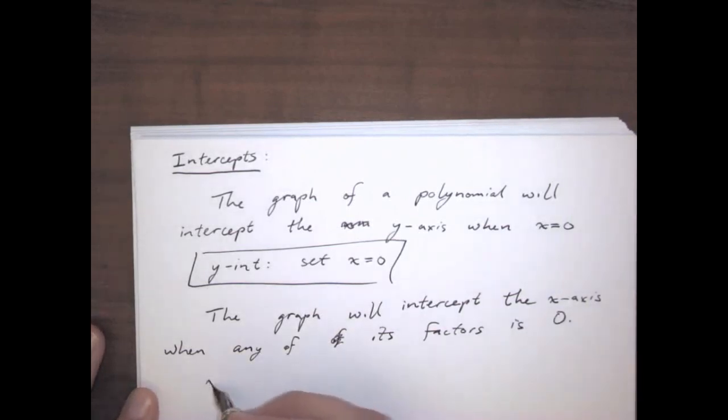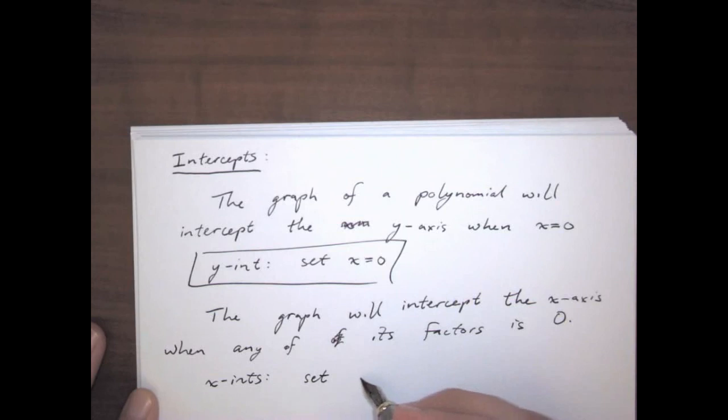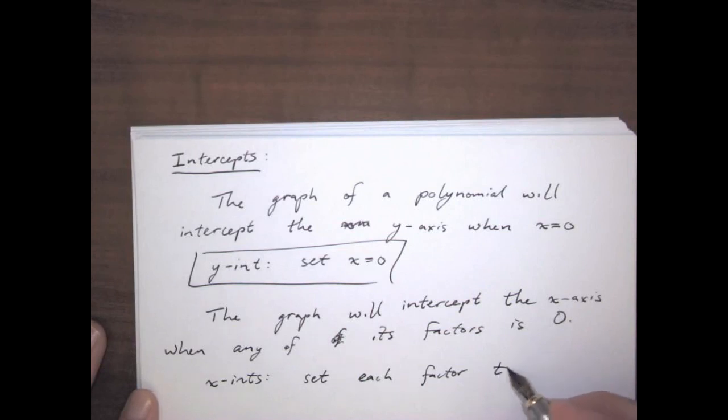So for the x-intercepts, set each factor to 0 and solve.